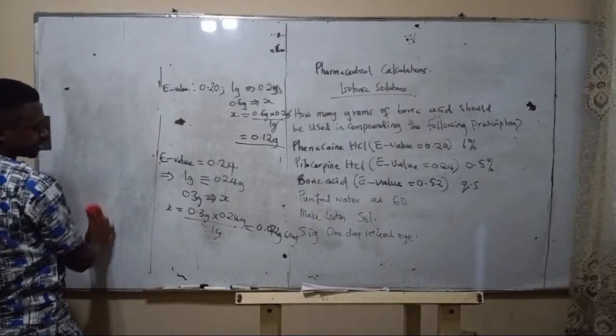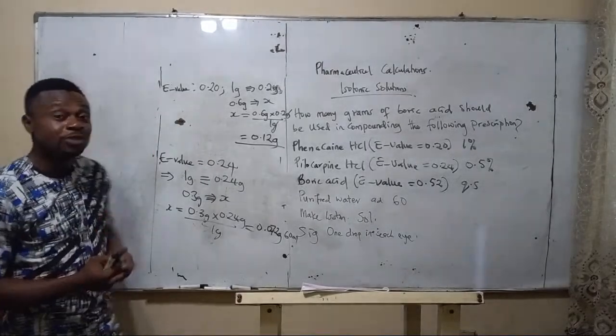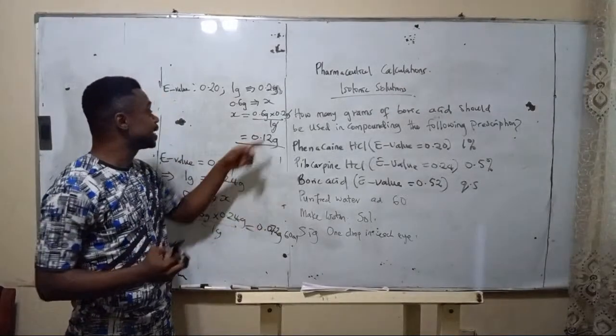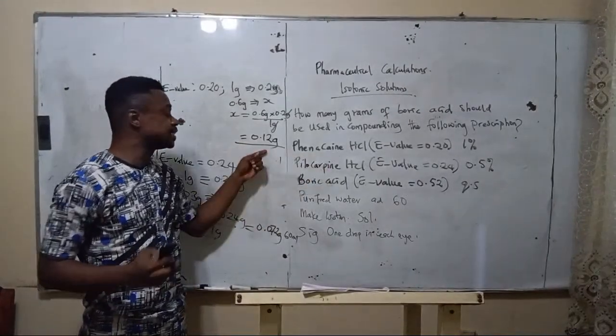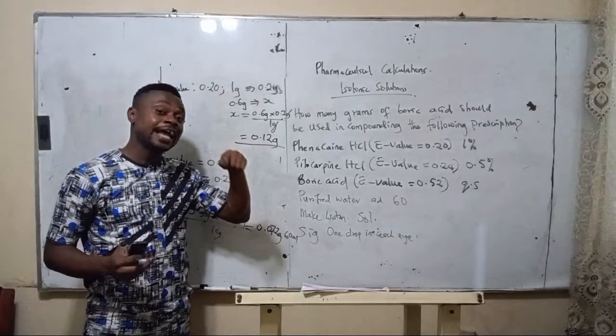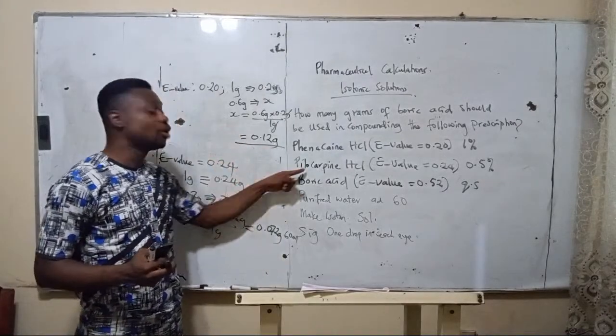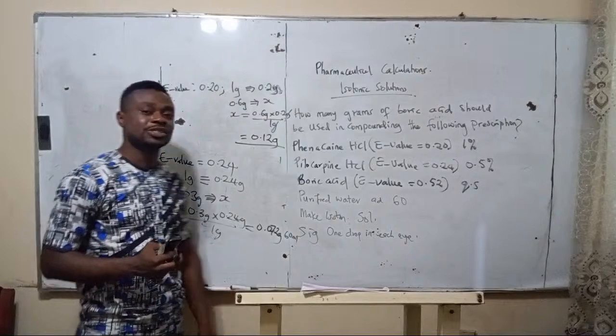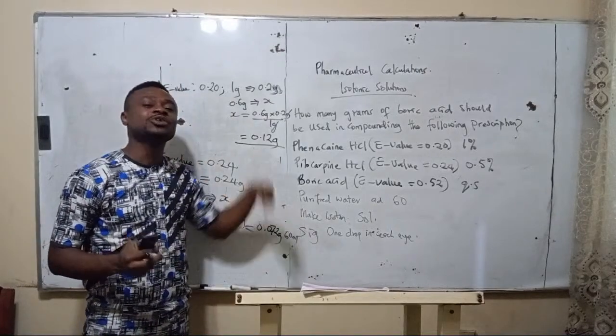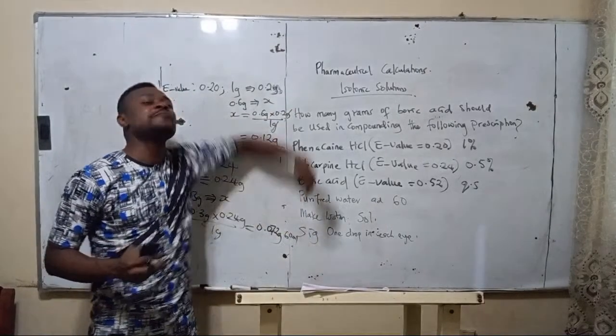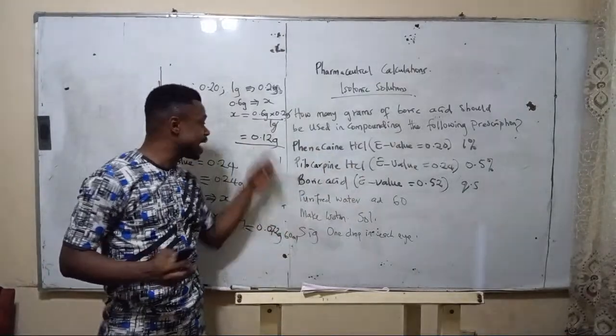So if that is the case, the amount of sodium chloride represented by phenacaine hydrochloride is 0.12 gram, while the amount of sodium chloride represented by pilocarpine hydrochloride is 0.072 gram. If you now want to know the amount of sodium chloride already present in this solution, we add these two.